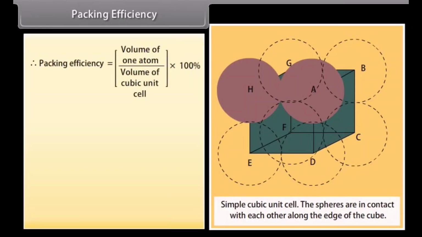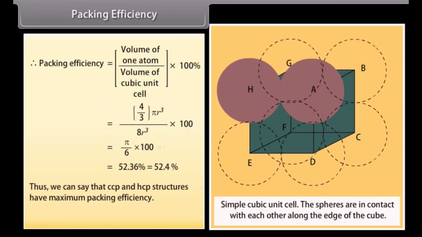Therefore, packing efficiency is equal to volume of one atom upon volume of cubic unit cell into 100%, which is equal to 4/3 pi r cube upon 8r cube into 100, which is pi upon 6 into 100, which equals 52.36%, which is approximately 52.4%. Thus, we can say that CCP and HCP structures have maximum packing efficiency.